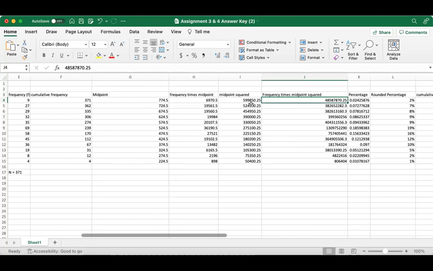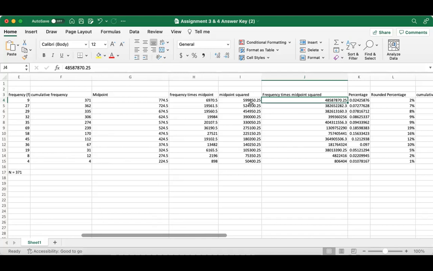But I know it's right because if I look, you see the formulas keep matching. That's how you know fill down works. So all I did is I took this column and I squared it because it's frequency times midpoint squared. Period. Makes sense? Should I walk through that again? Okay.